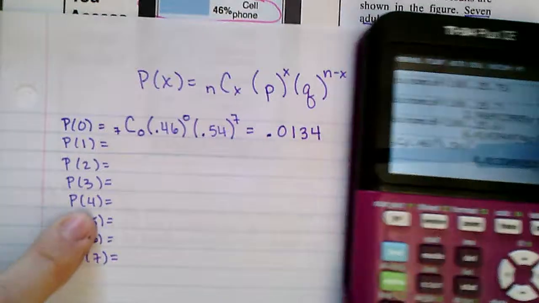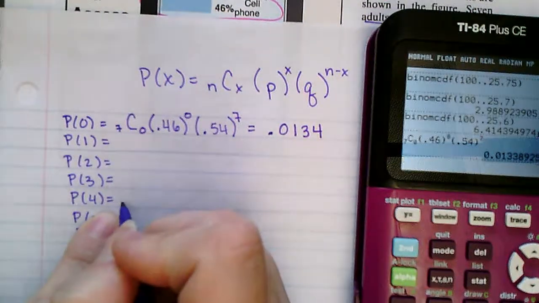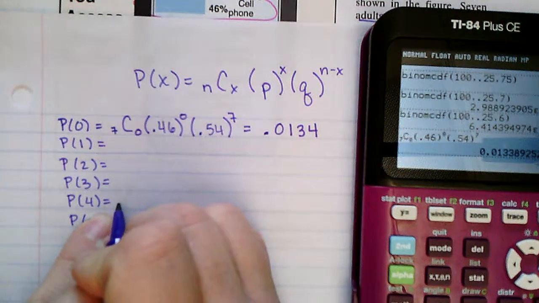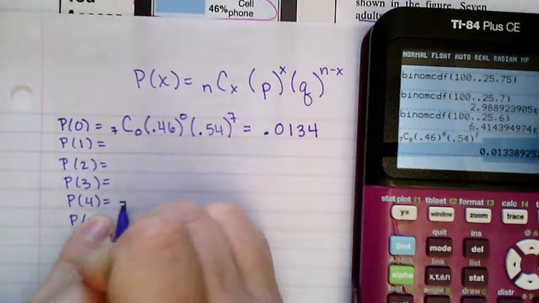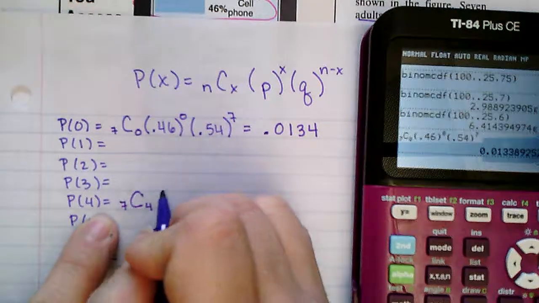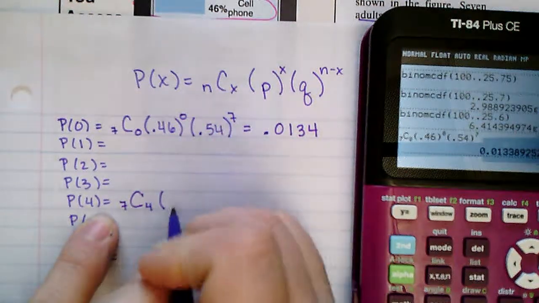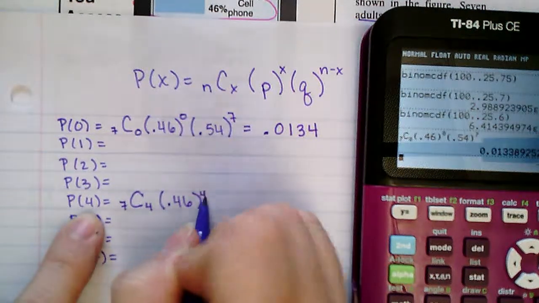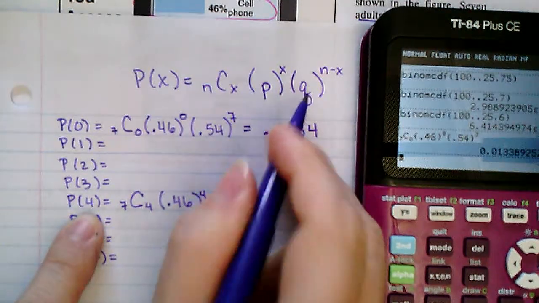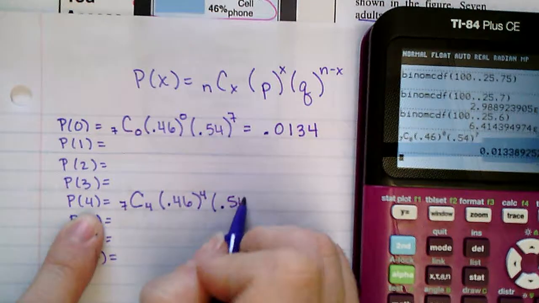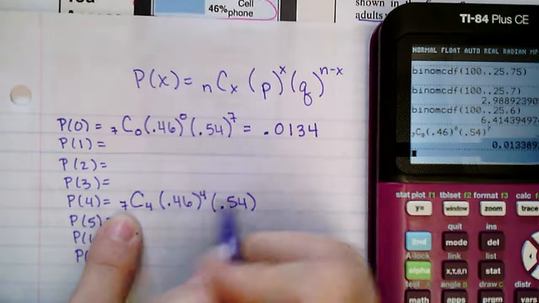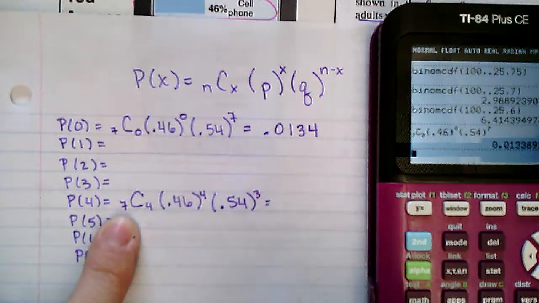And I'll just do another random one. We'll do this one here. So the probability of 4 successes would be nC4, so 7C4 times the probability of success, which was 0.46, to the number of successes, which is 4. Then the probability of failure, 0.54, and the number of failures would be 7 minus 4, so 3.